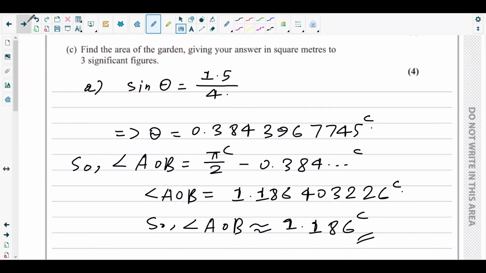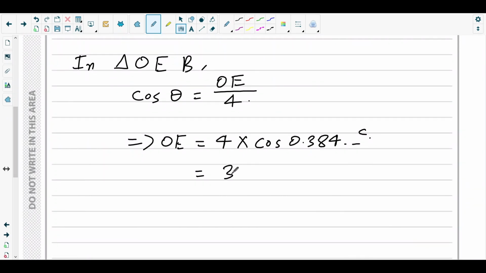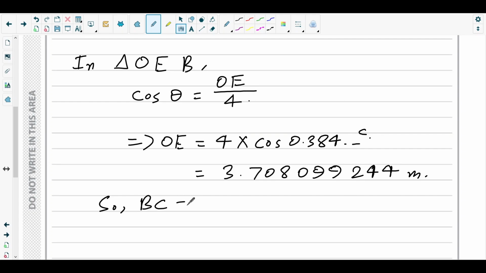So the length of OE is 3.70809924 meter. So length of BC would be 6 minus OE.